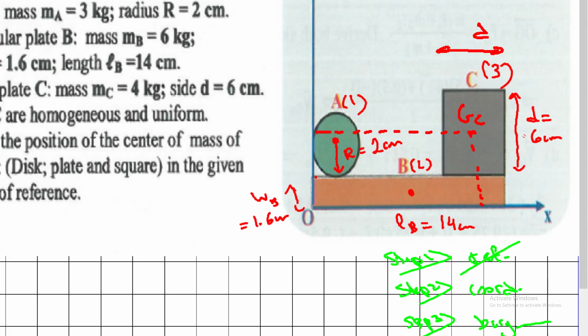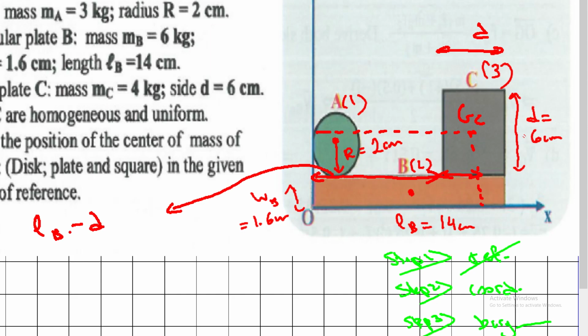So first of all, let's determine this distance. This distance is given by LB minus D. Okay, so we have subtracted from LB a distance D. Now we need to add the following distance.